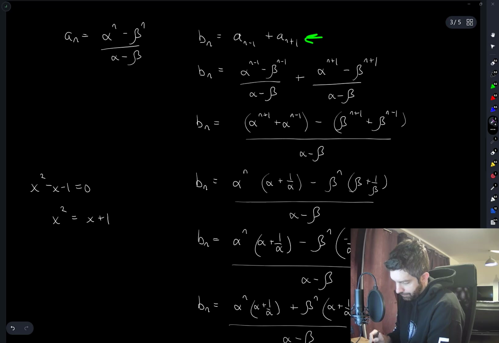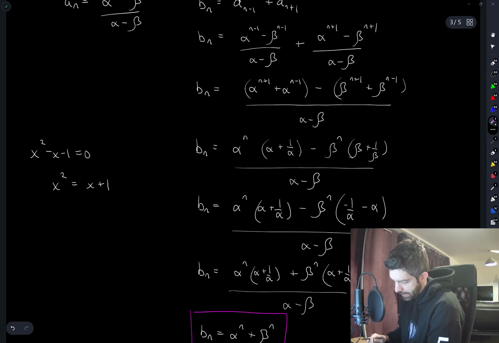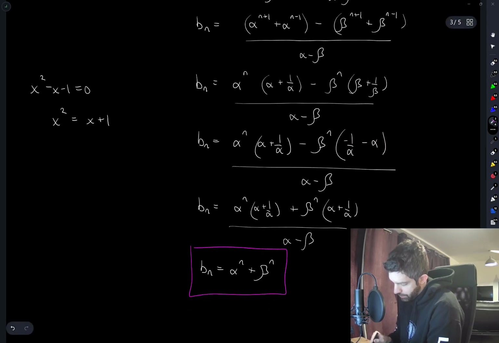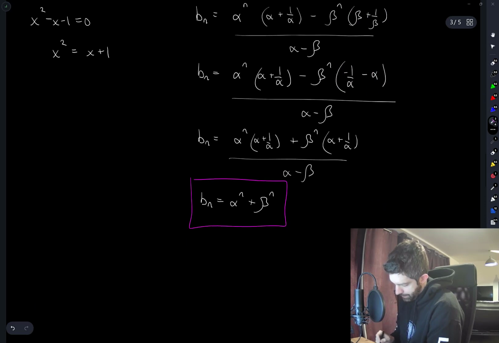This is how bn is defined. I substitute the two definitions of an minus 1 and an plus 1, do some factoring. I use the relation between alpha and beta that I've used here in both spots. And then also 1 over alpha is equal to negative beta. So we get a cancellation of things everywhere. Okay, so that option is correct.